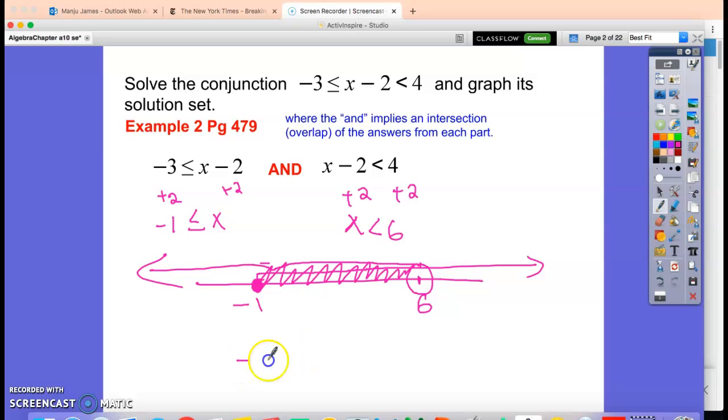If you draw the solution set again, this will be -1 and 6. This is a closed circle over here and an open circle here, because x < 6. So the intersection will be this. So this is the solution set. Wherever there is an intersection, when you have an "and", you find the intersection of both inequalities.